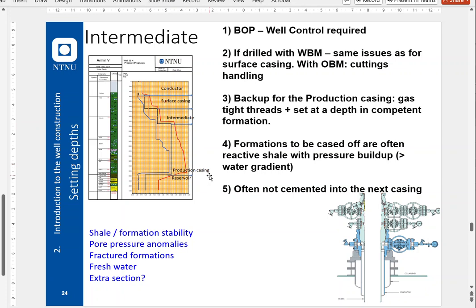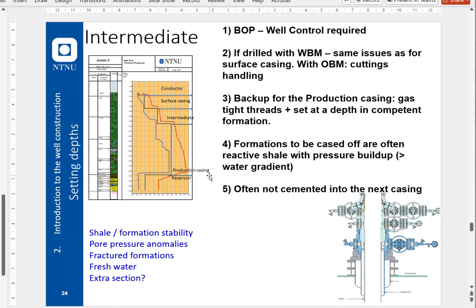pressure formations. When it comes to cementing, because we are talking about a long section with a lot of volume in the annulus, it is often not cemented up to or into the next casing. One of the reasons why it is not cemented into the next casing would be controlling the pressures in the annulus.